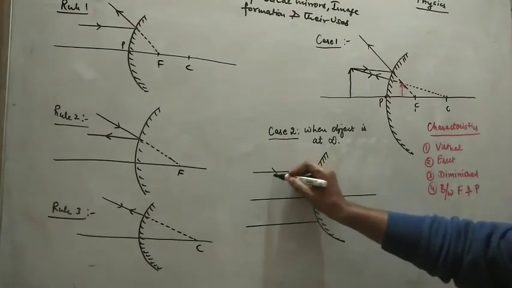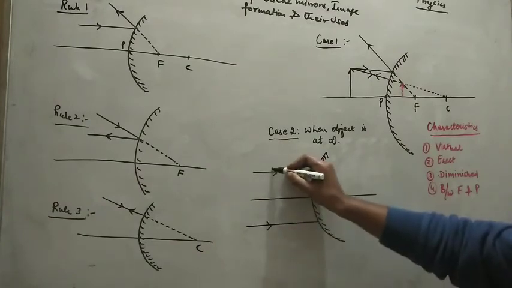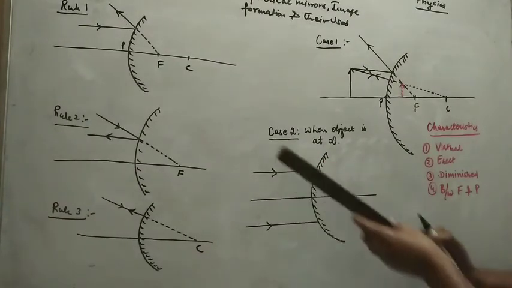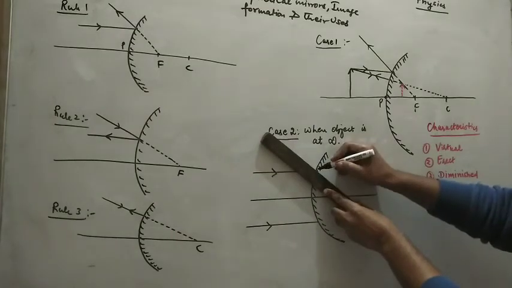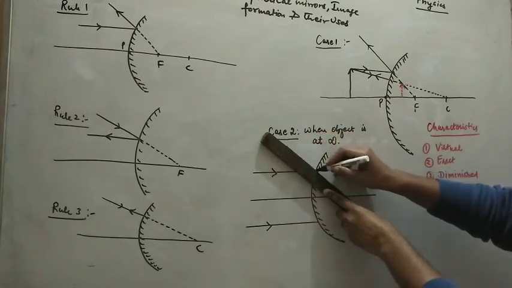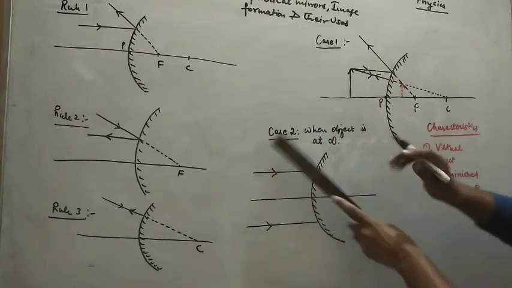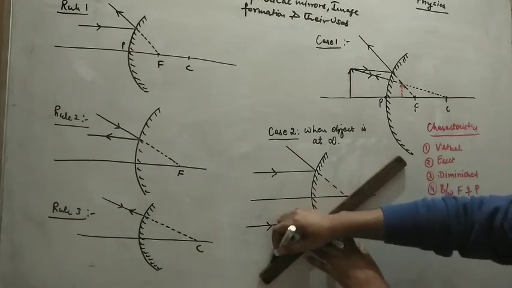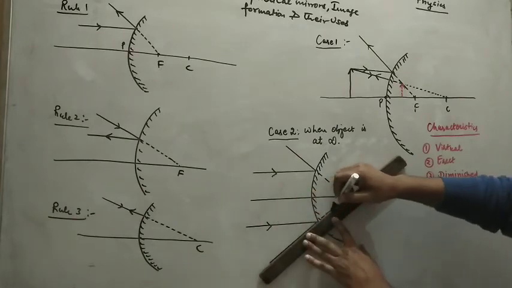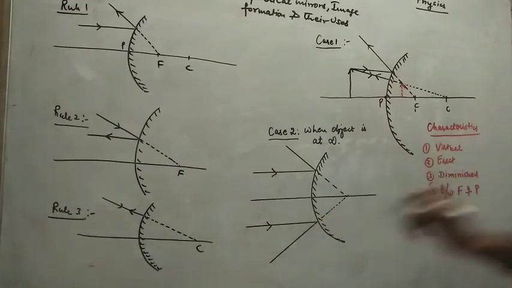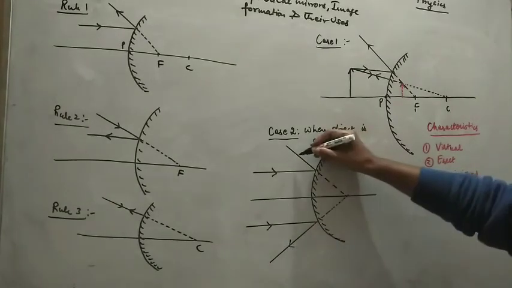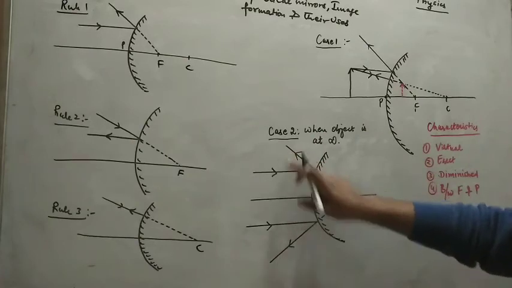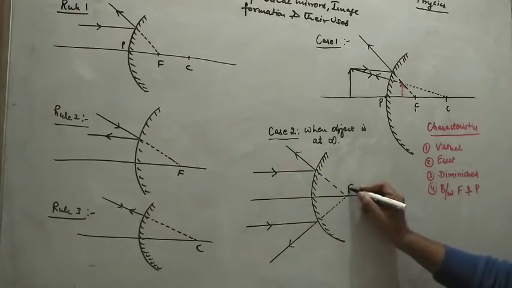These two rays are coming from a very far off place. After reflection, we'll take the help of the first rule again. In this way, it just appears to come from the focus and will diverge. These are the directions of the reflected rays. So will they meet? Never. So this is the virtual focus.